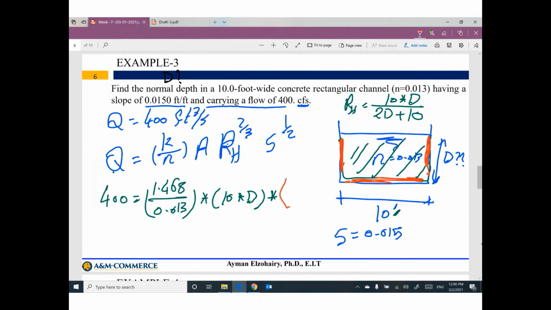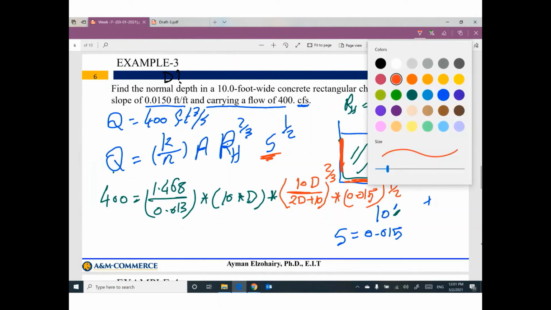So this term will be 10D divided by 2D plus 10, all to power 2/3, times slope, 0.015 to power 1/2.